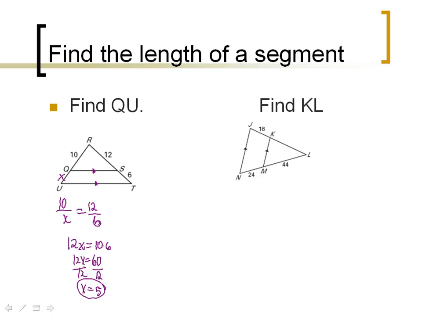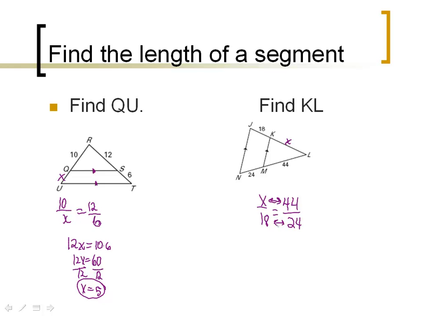Over here, find KL. So here's my unknown that I'm trying to find. So I'm going to say x over 18, they're on the same side, equals 44 over 24. So notice these two are across from each other and these two are across from each other. I kept it in the same order.